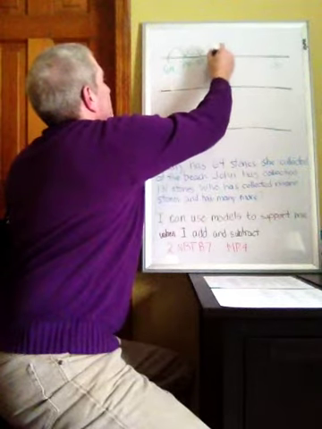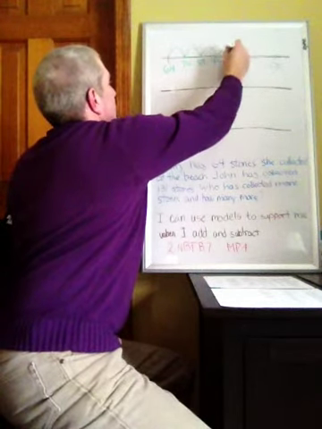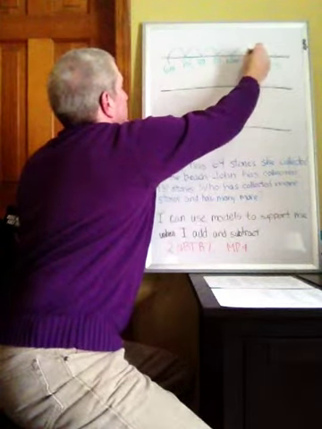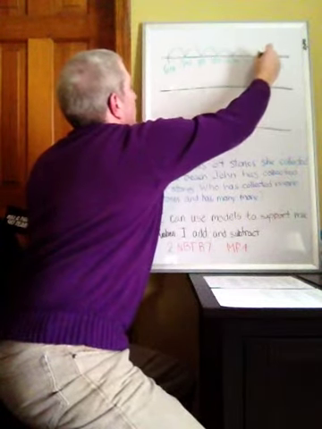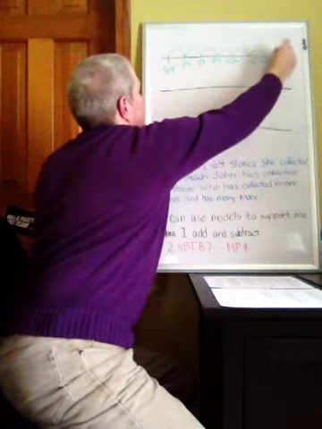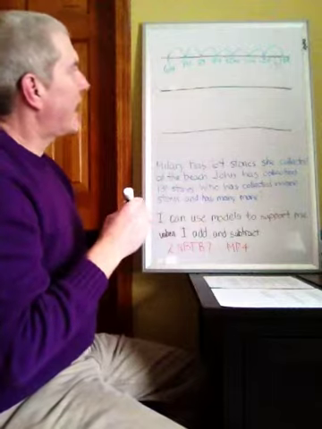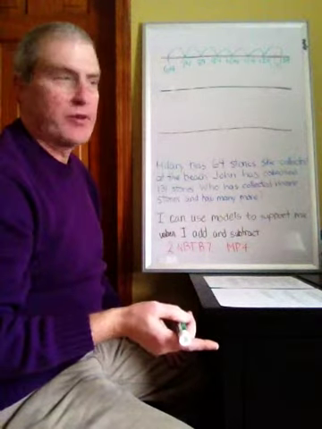10 more is 94, 10 more 104, 10 more 114, 10 more 124, and 10 more 134. So that actually got me past 131.